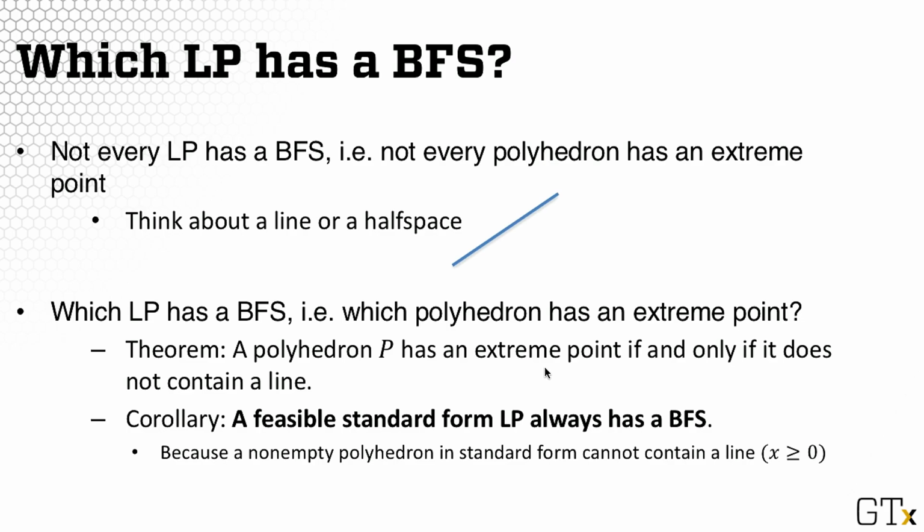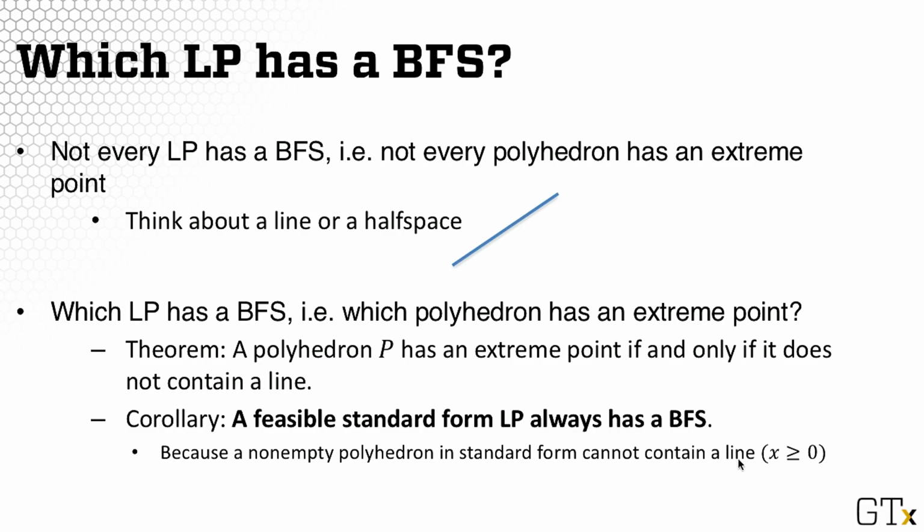Okay, so we can immediately apply this theorem to standard form problem. Remember, standard form LP is what? It's AX equals B and X non-negative. So if this polyhedron AX equals B and X non-negative is non-empty, has at least one point, then this polyhedron cannot contain a line.